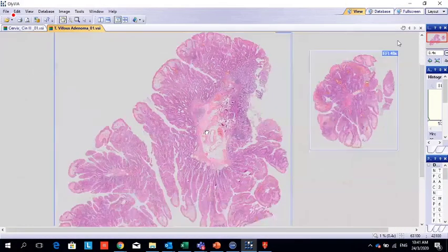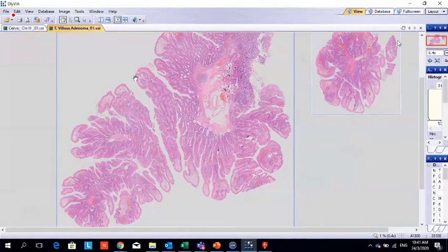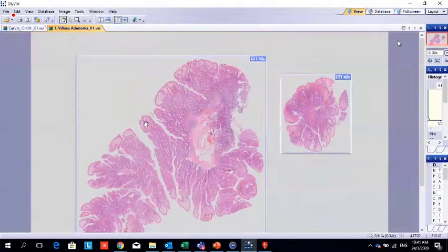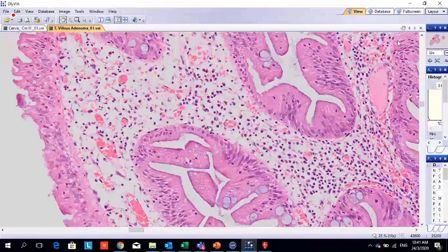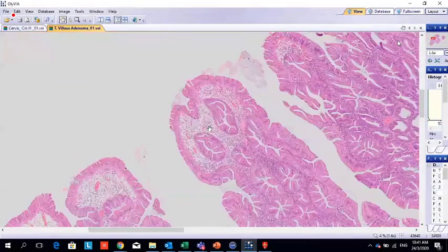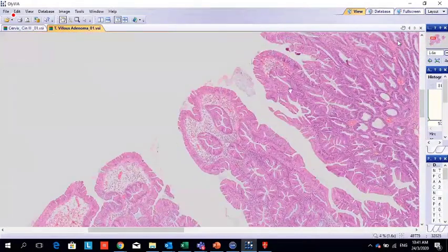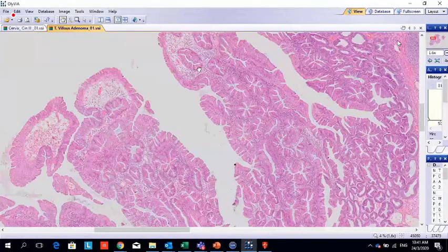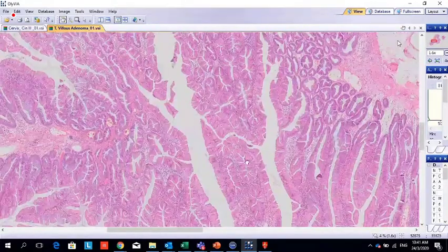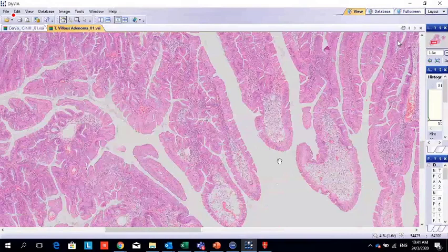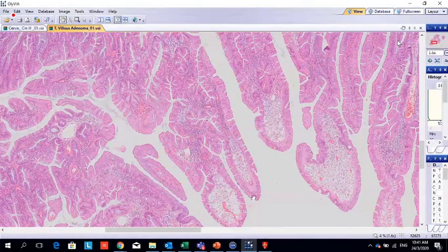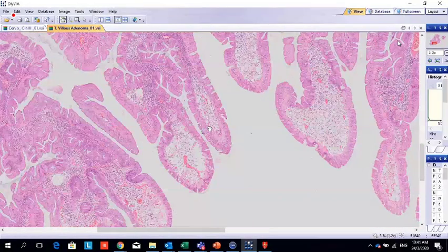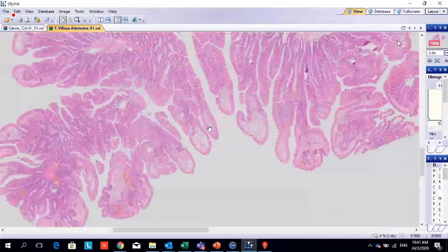Some areas show villous adenoma. See, this is the villous adenoma, with the sharp ends we call villous, like villi.